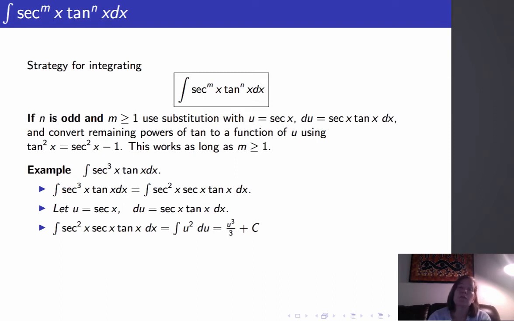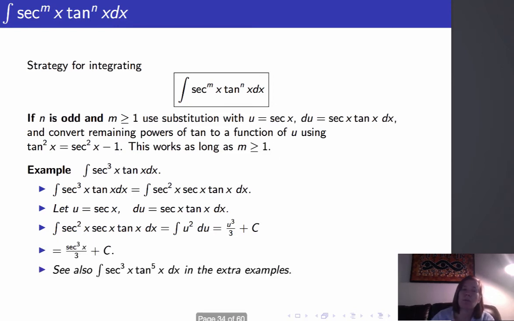So making the conversion, I get that my integral is the integral of u squared du, which is very simple. It's just u cubed over 3 plus a constant. And now remember, u was secant of x, so that's secant cubed of x over 3 plus a constant, and I'm done. There's some extra examples in your notes, which you should also look over.